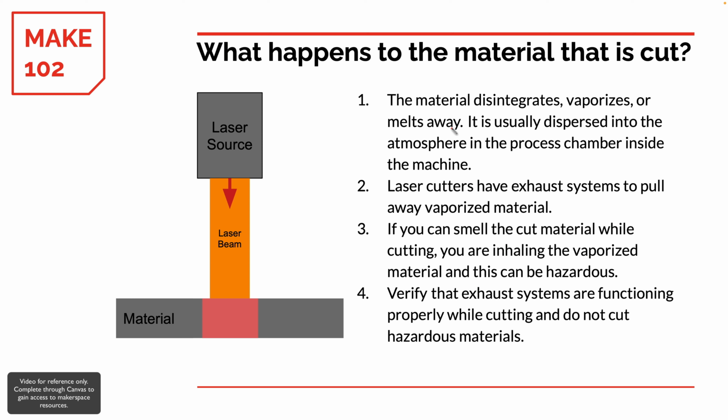And if you can smell something, what you're smelling is tiny particles of that material. And in many cases, we do not want to inhale the vaporized material from laser cutting. So we need that material to be exhausted away somewhere safe. So our systems have an exhaust system that will pull that material away.